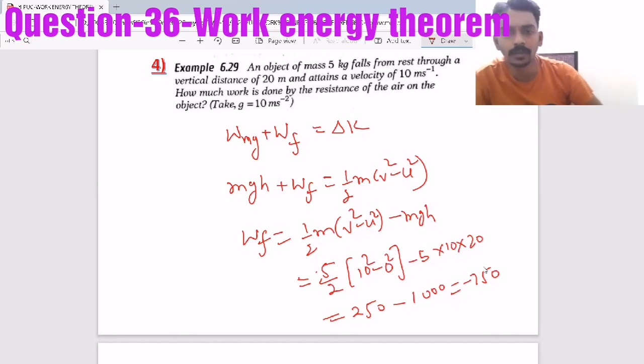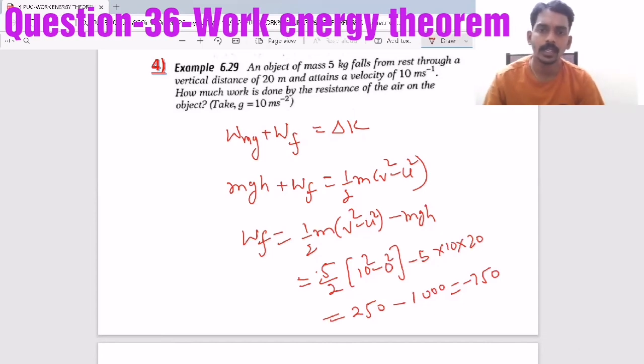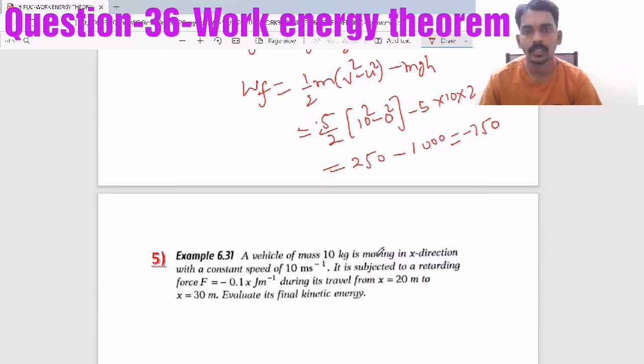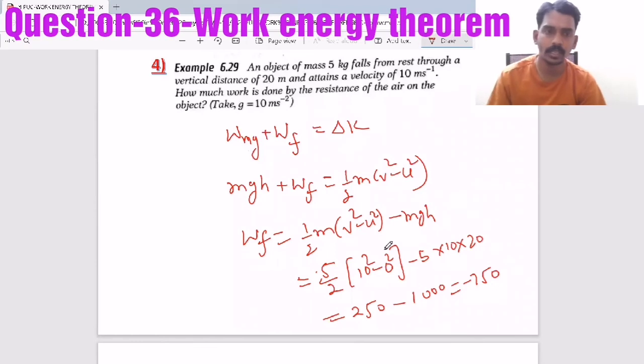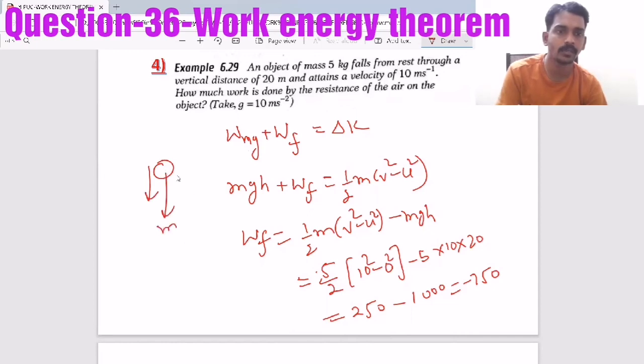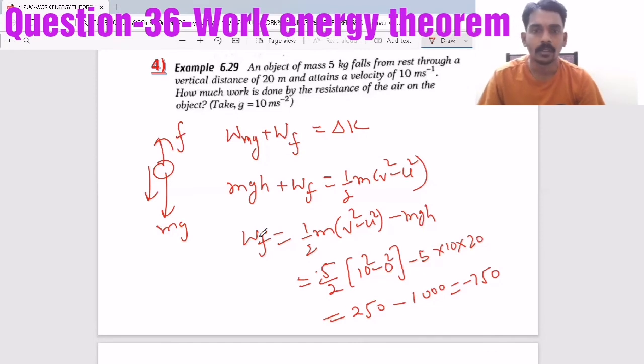So the work done by friction is minus 750 joules. Minus, why? Because it is the opposing force, the resistive force. Now this way, always represent the number of forces. Just like here, as it is falling through air, there is a force mg down and there is an air resistive force upward.